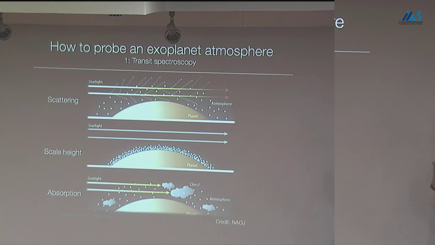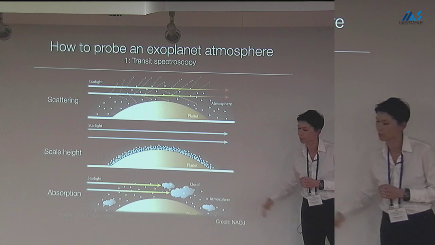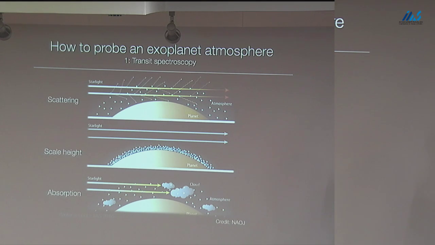So by seeing the amplitude of the signal in my spectrum, I can get information about the mean molecular weight of the atmosphere. Scale height and mean molecular weight are related, because the scale height is H = kT/(μg), with μ the mean molecular weight.